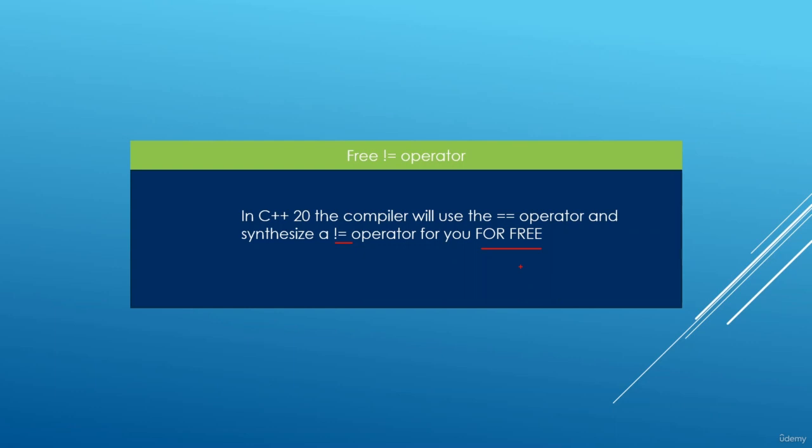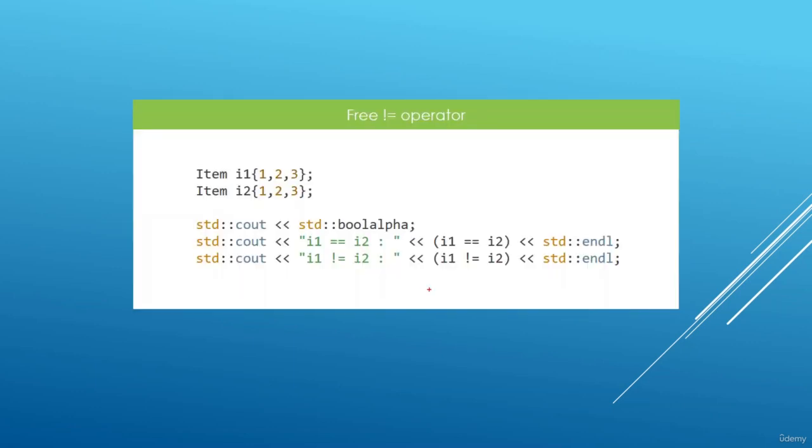So you only have to maintain an equals operator, and the compiler will take over the job to maintain all these compiler generated operators. In this case, it happens to be the not equals operator, and you should really know this. Okay, so because of that compiler generated not equals operator, we will be able to do something like this. Even if we only have an equals operator, we can set up two item objects and we can see if they are equal or not equal, and this is going to work well.